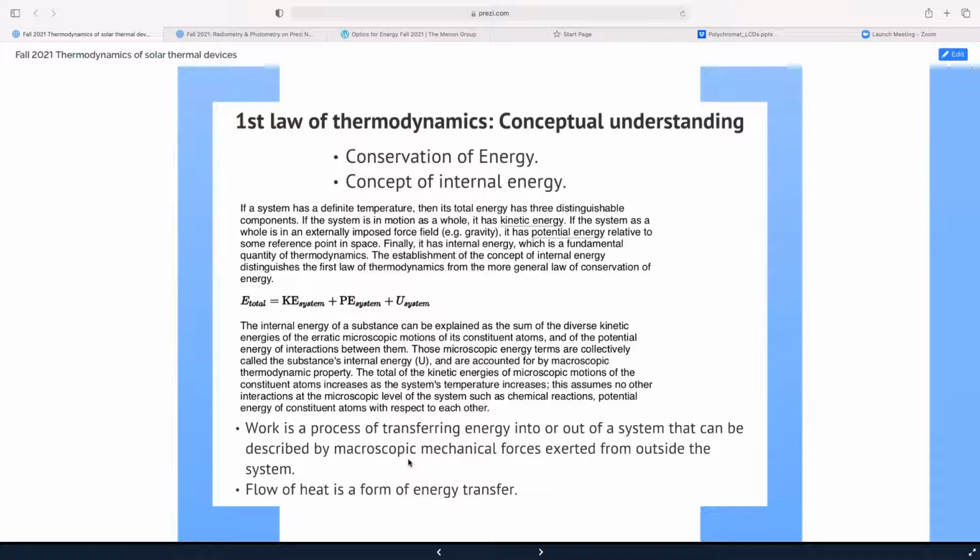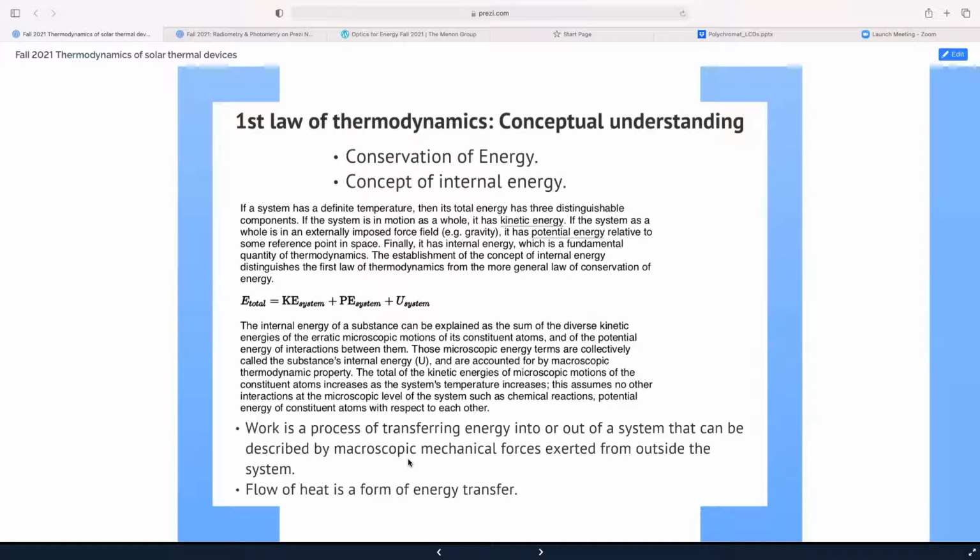The kinetic energy of these atoms, plus the potential energies associated with the Coulombic interactions between the different particles that make up this matter, create what's called the internal energy. So the internal energy of a system is simply a measure of the degrees of freedom inside the constituent particles of the system.